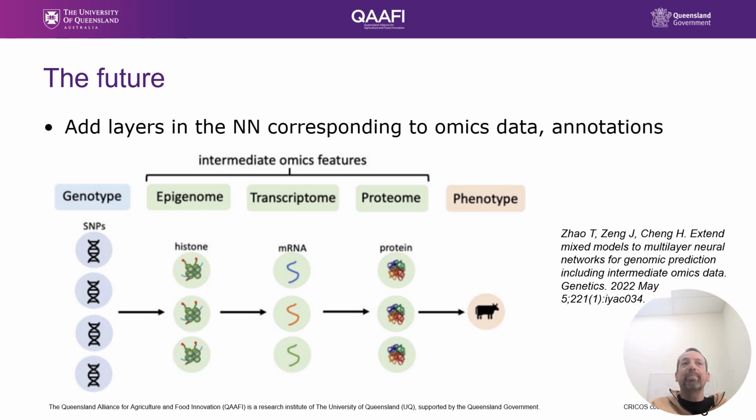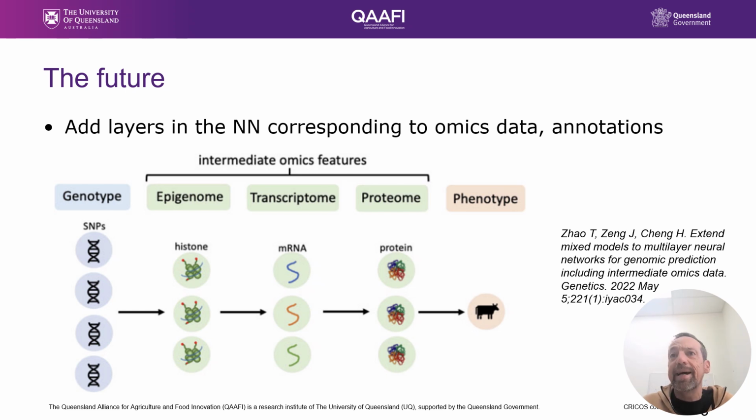Okay, another prospective area for machine learning and genomic prediction, I think, is to add information from additional types of data. For example, omics data. So epigenomics, transcriptomics, proteomics.